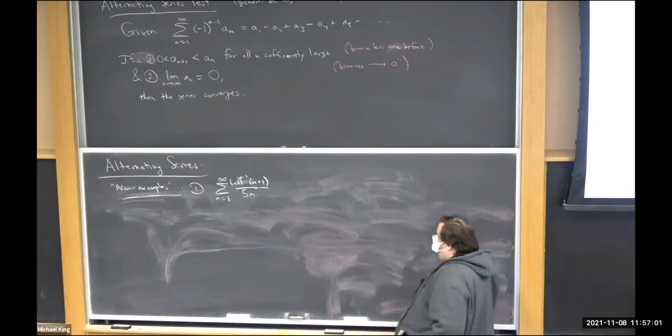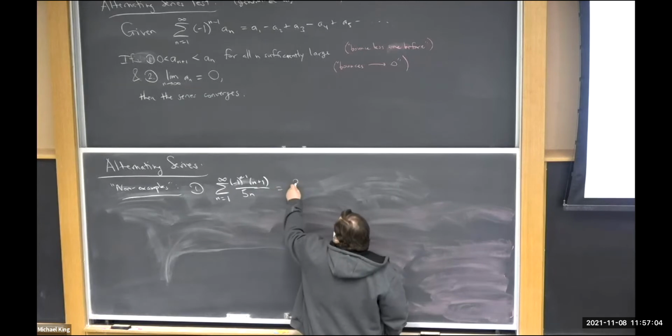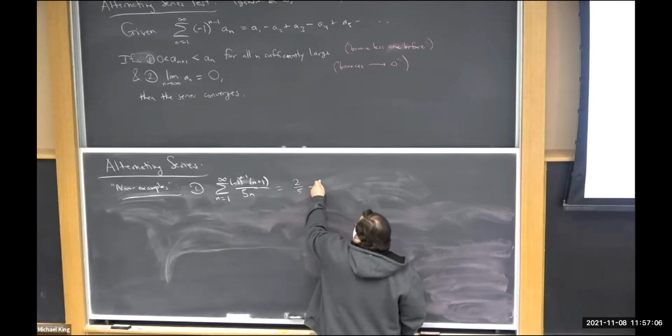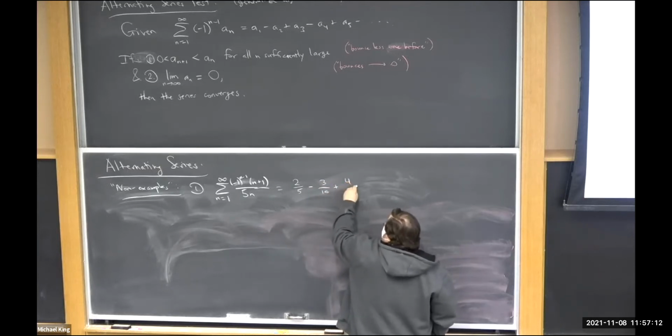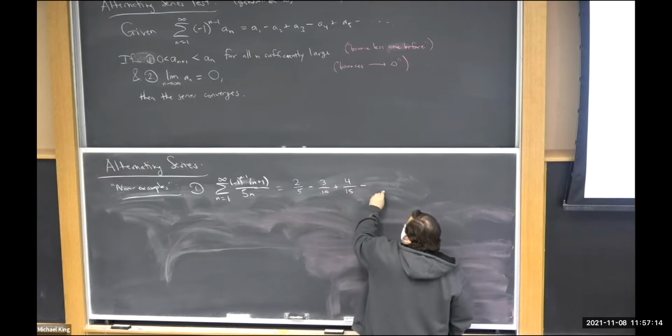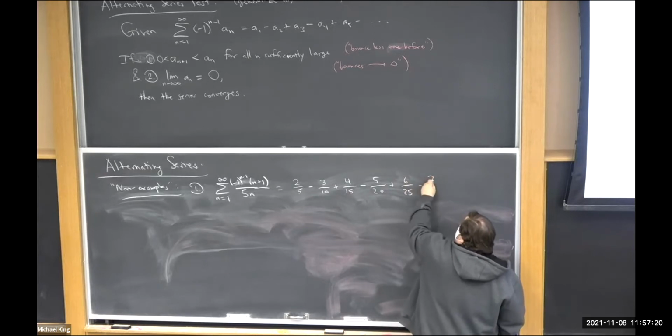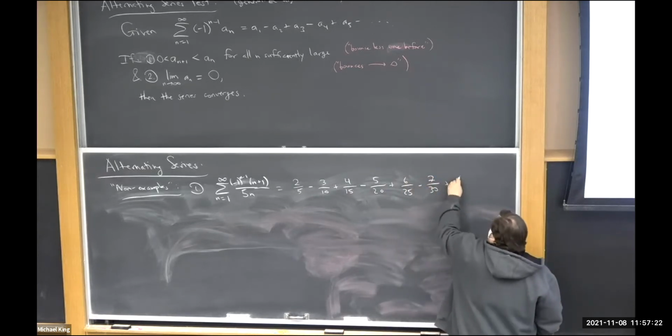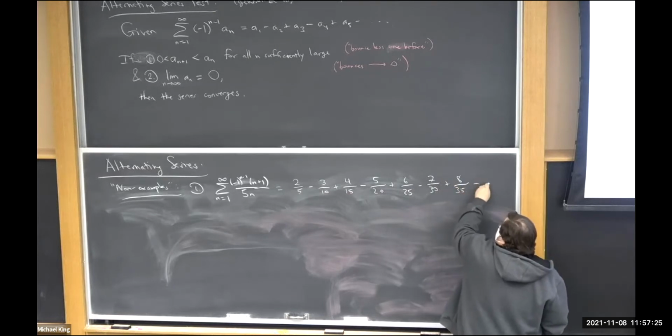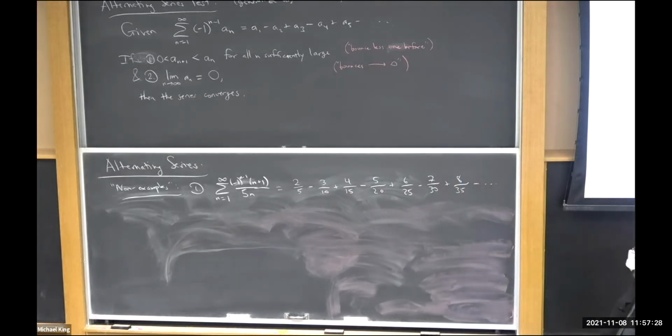So if we started plugging in numbers, we'd get 2/5 minus 3/10 plus 4/15 minus 5/20 plus 6/25, is that right? I think I'm plugging in the numbers correctly, but check me. Seems about right.